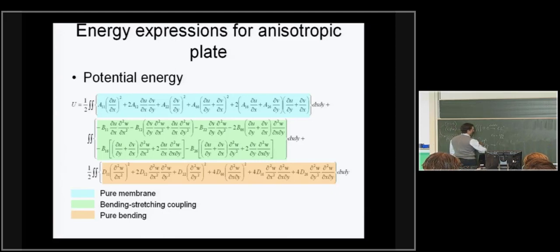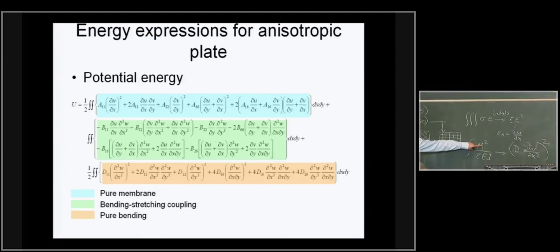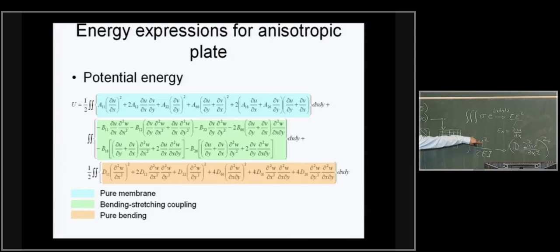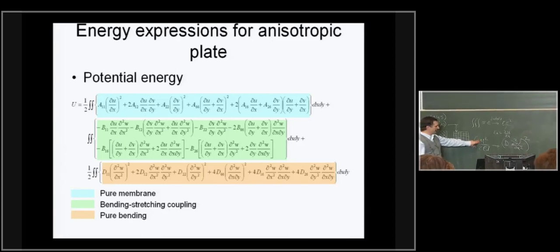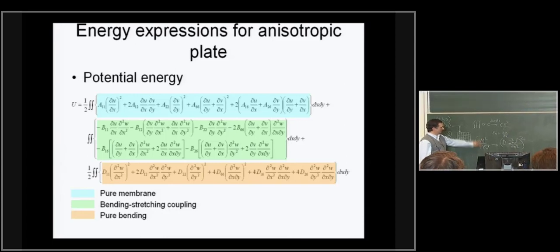Instead I can write my moment as a D times d2w/dx squared term. Moments like Mx are D11 d2w/dx squared with a minus sign and so on. So from isotropic materials we know that the energy would involve terms like this.